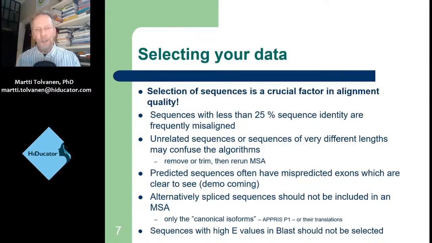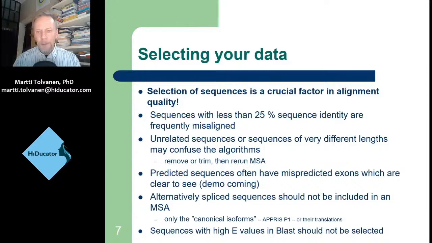So you should be doing visual inspection of your alignment, or if you are going to big projects like aligning 50,000 different viral strains, you should develop programmatic tools which are able to tell you any outliers in the alignment. But for the cases we are handling, visual works fine.